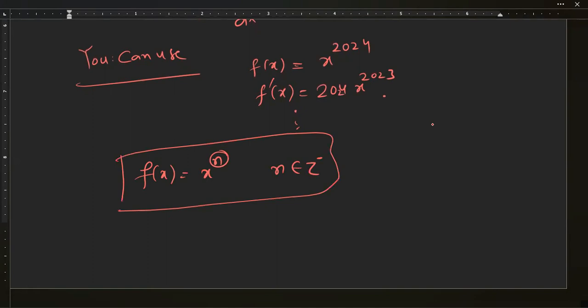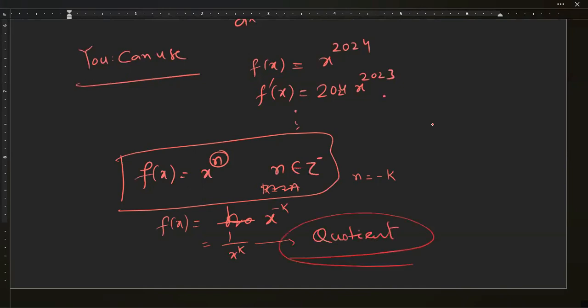If it is negative, then we can write, let k equal to minus n, or I can write this n to be equal to minus k, or we can write it x to the minus k, and then 1 over x^k, and then we need the quotient rule. But since we haven't discussed the quotient rule, first we will discuss the quotient rule and then we will be coming back to proving this. Thank you.